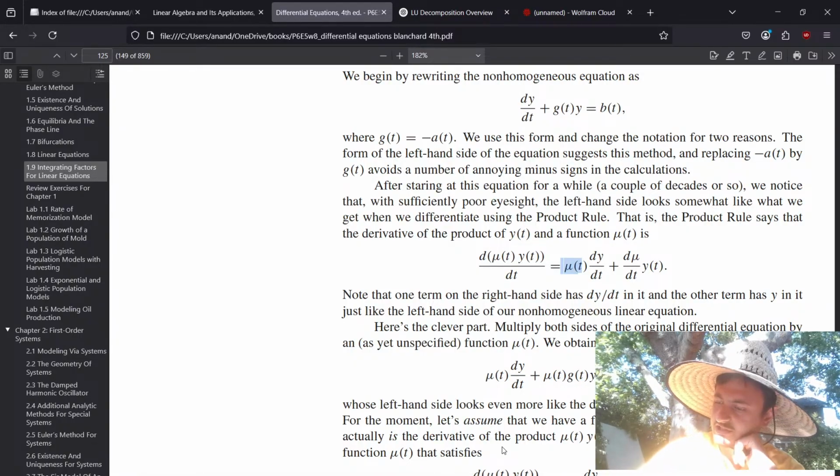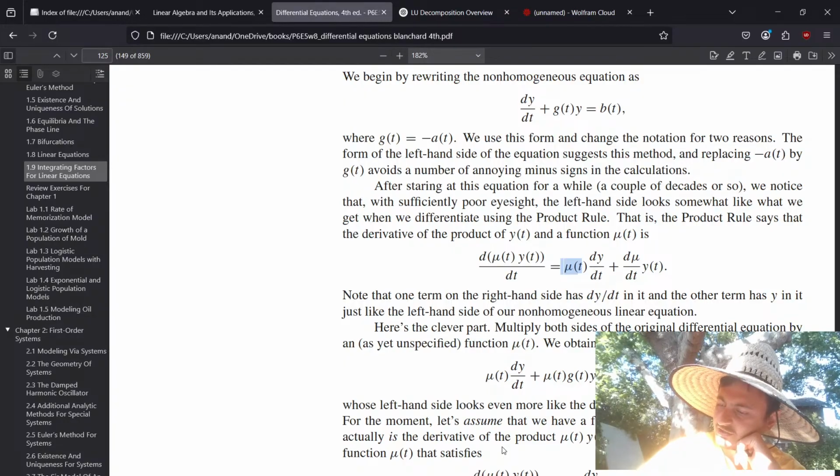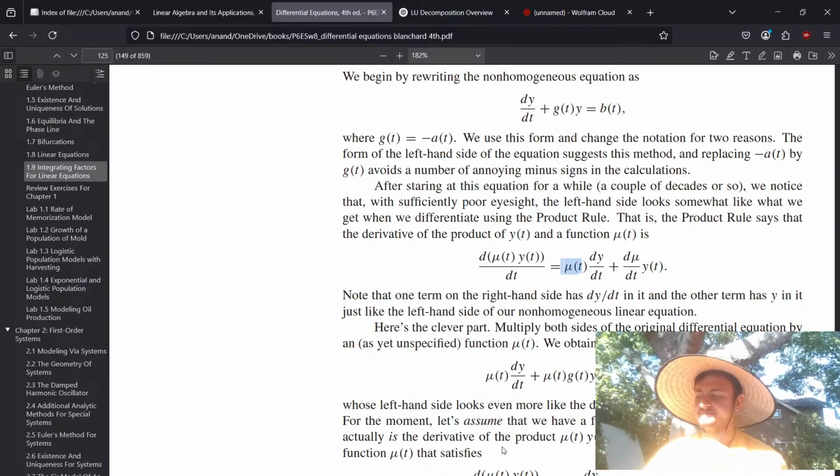So in our total equation, we had y prime plus g of t y is equal to b of t. And we multiply both sides by u of t. And then we get u y prime plus u g y is equal to bu.